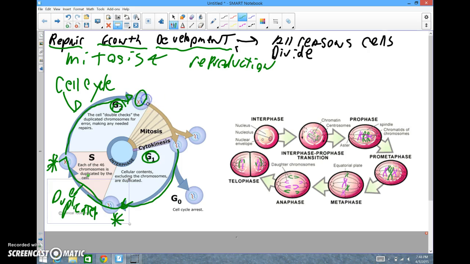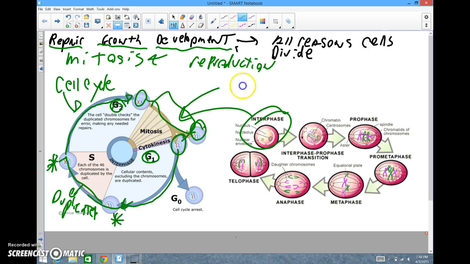And here you have your cell. It goes through this process of mitosis, and you end up with two cells. If you recall, this stuff, this G1, S, and G2 is all interphase, and this part right here that's mitosis starts here with prophase.